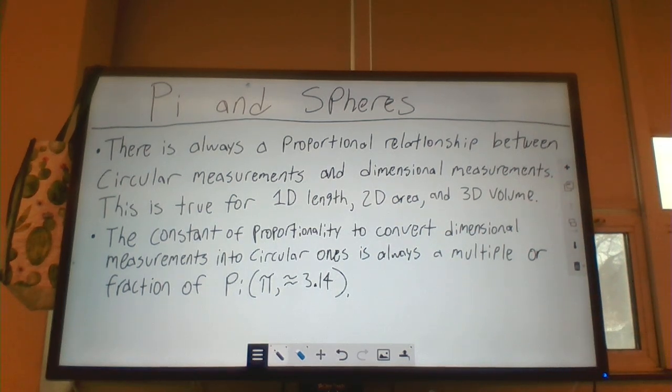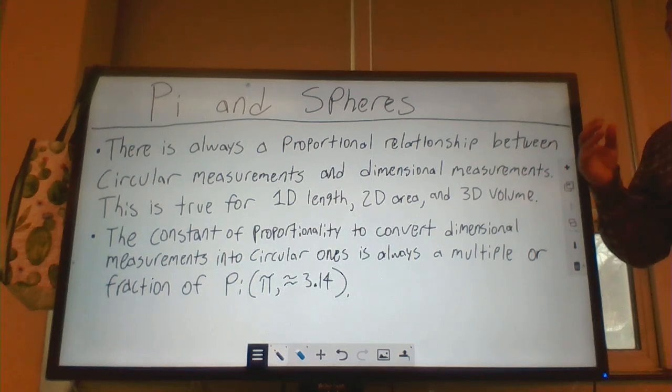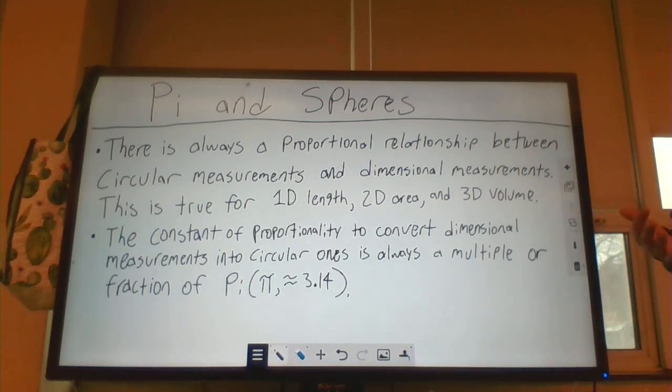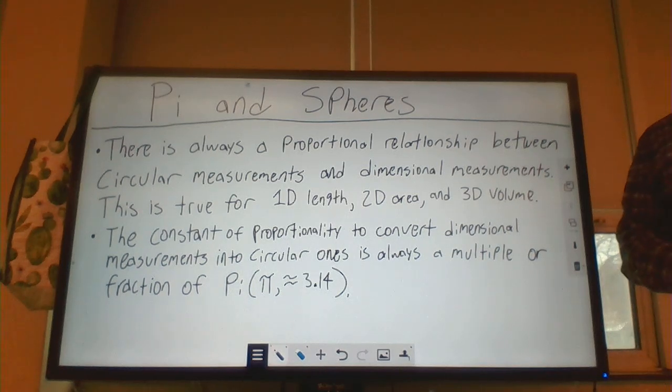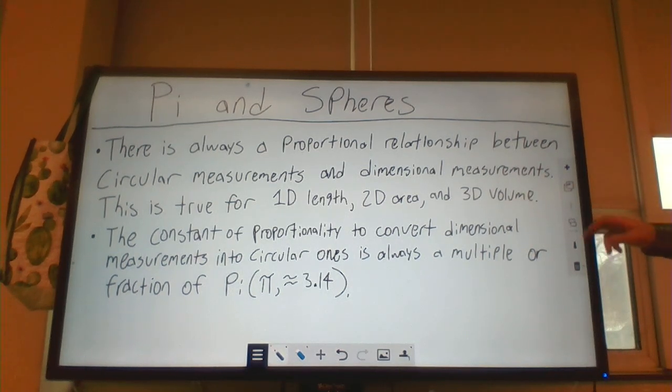The constant proportionality for converting dimensional measurements into circular ones is always a multiple or a fraction of pi. And learning which ones go with which formula, and also why they go with the formulas they go to, will go a long way towards helping us to memorize, understand, and use the various formulas that we do.